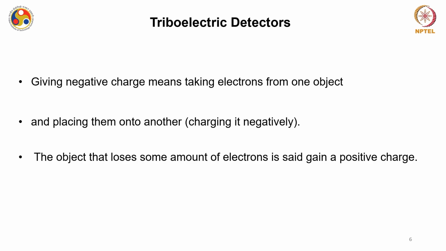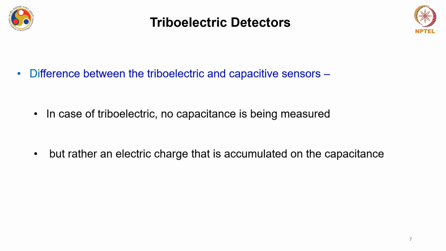Wherever you are placing them, you are making it electron rich, or negatively charged. The object that loses some electrons is said to gain positive charge. So you have taken some electrons from that object, which means there is automatically some positive charge generated on the object. Okay, so this is the basic triboelectric phenomenon.